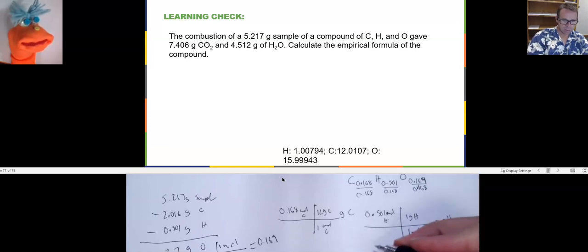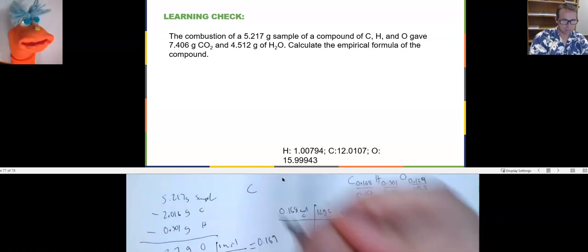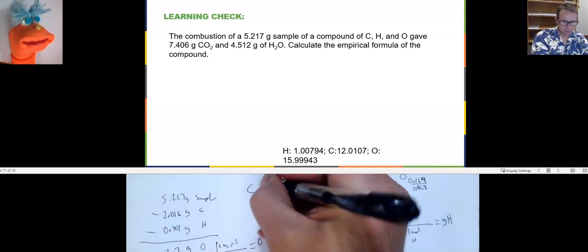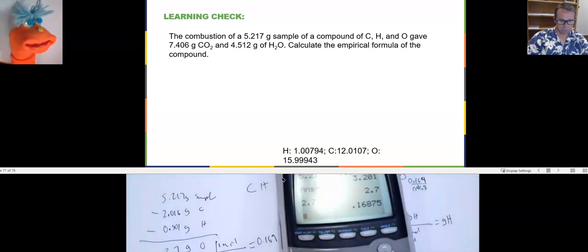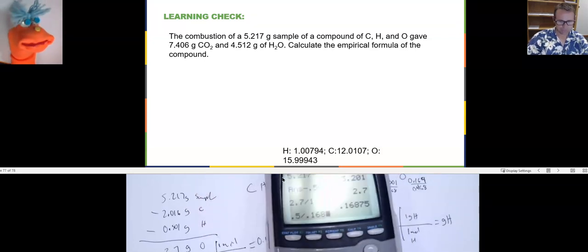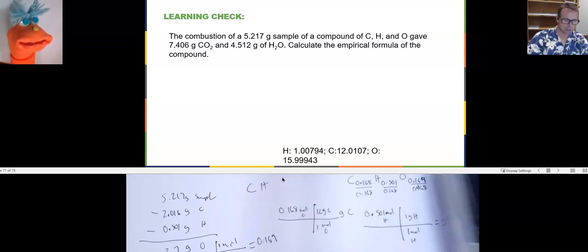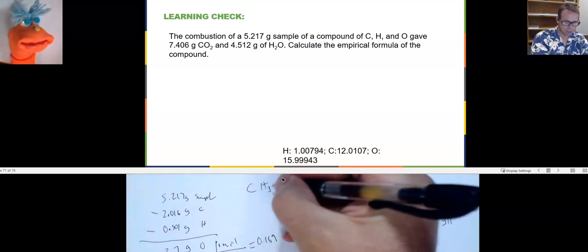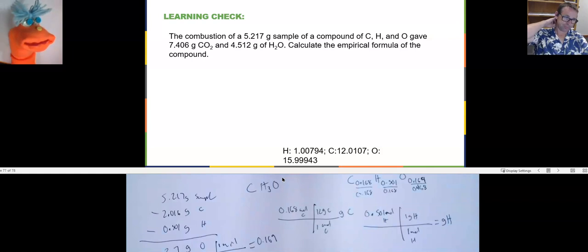Okay, so that gives me C, 1, H, what's 0.5 divided by 0.168? 0.501. So it looks like it's going to be 3. C, H3O. Okay, good.